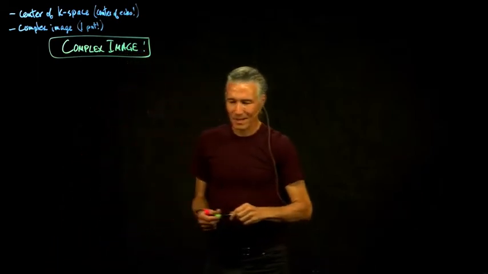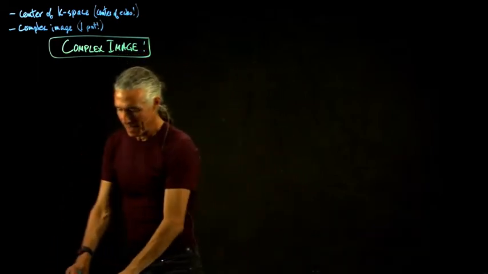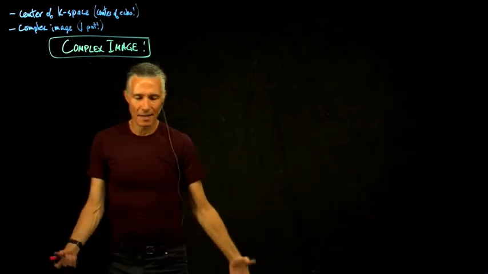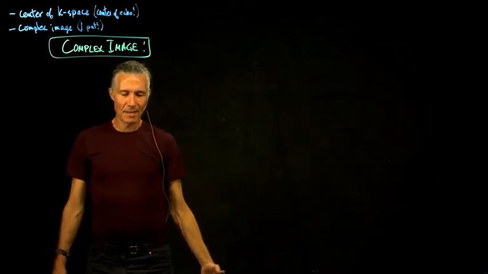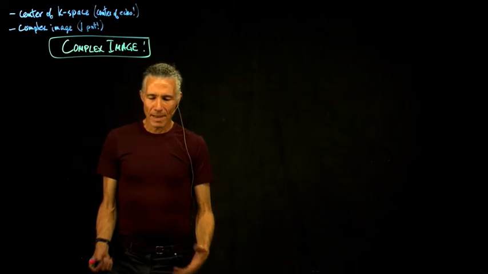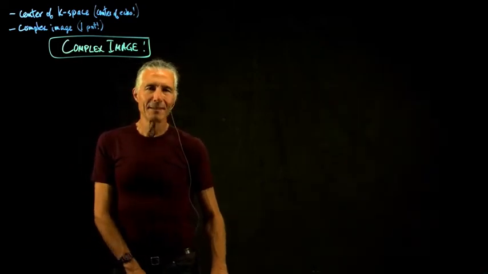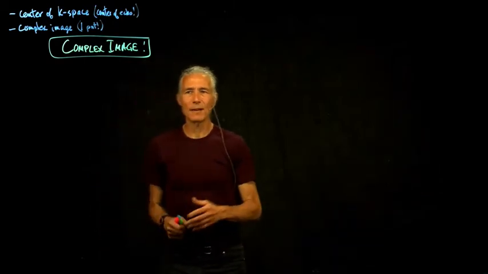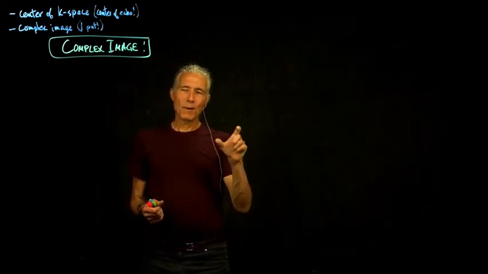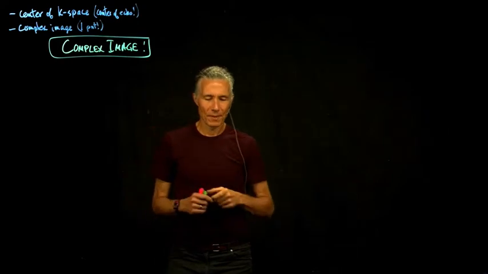So what is a complex image? Well, a complex image is just an image that has some imaginary part. And what is the imaginary part? Well, it's just another number. It's just a second number, the imaginary part of the complex number.